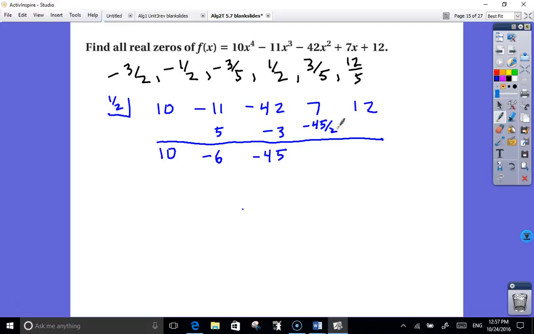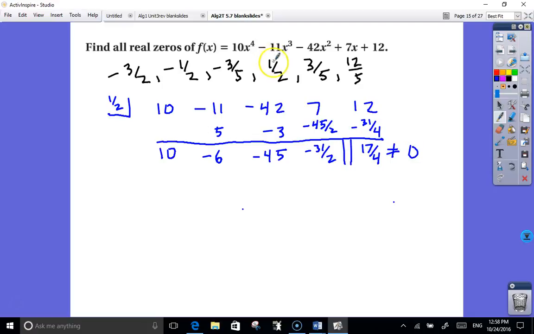But okay, 7 would be 14/2, so that'd be -31/2. And then 1/2 times -31/2 would be -31/4. And 12 would be 48/4, so that's 17/4. So the remainder does not equal 0. That tells you 1/2 is not a 0.